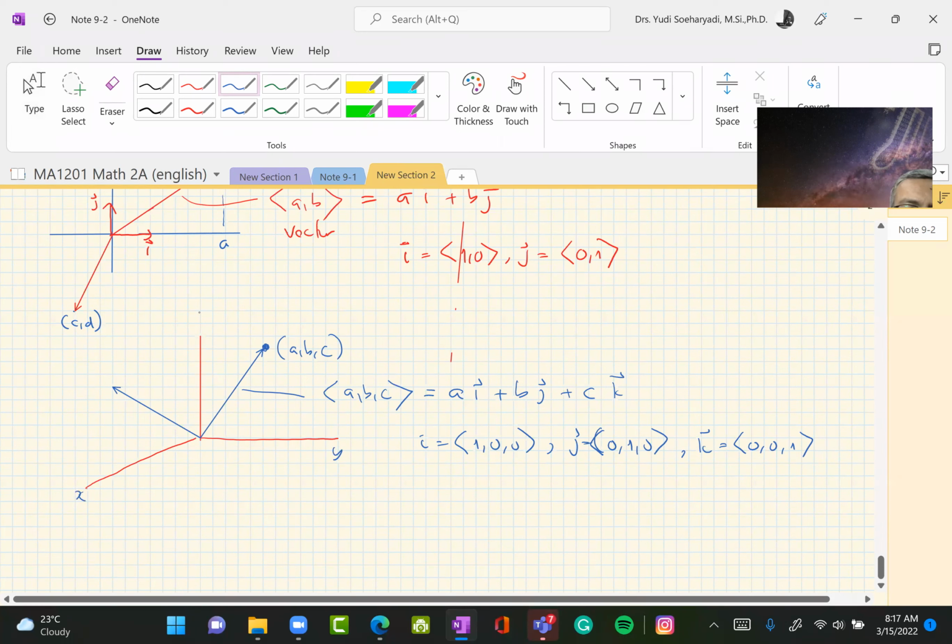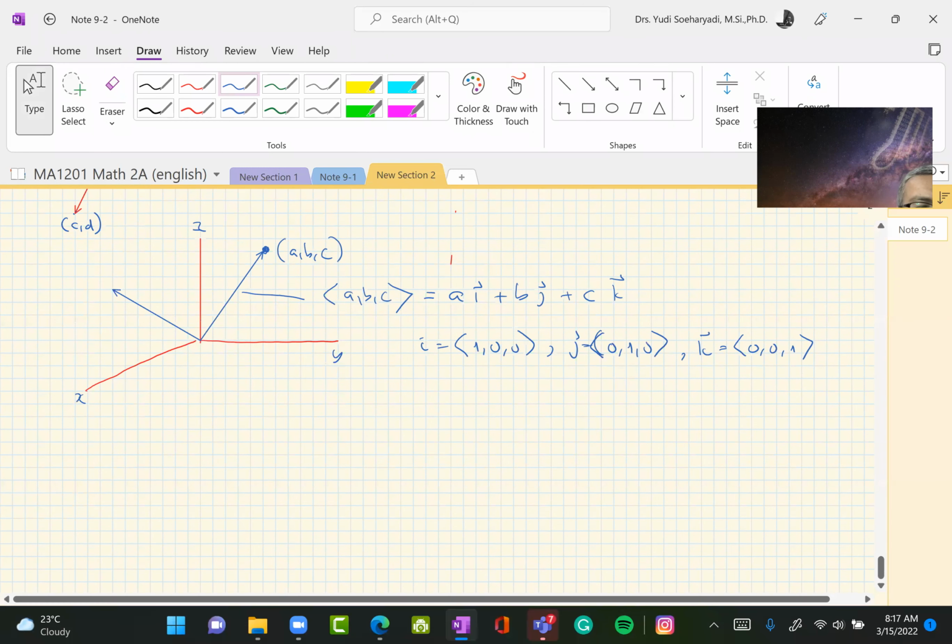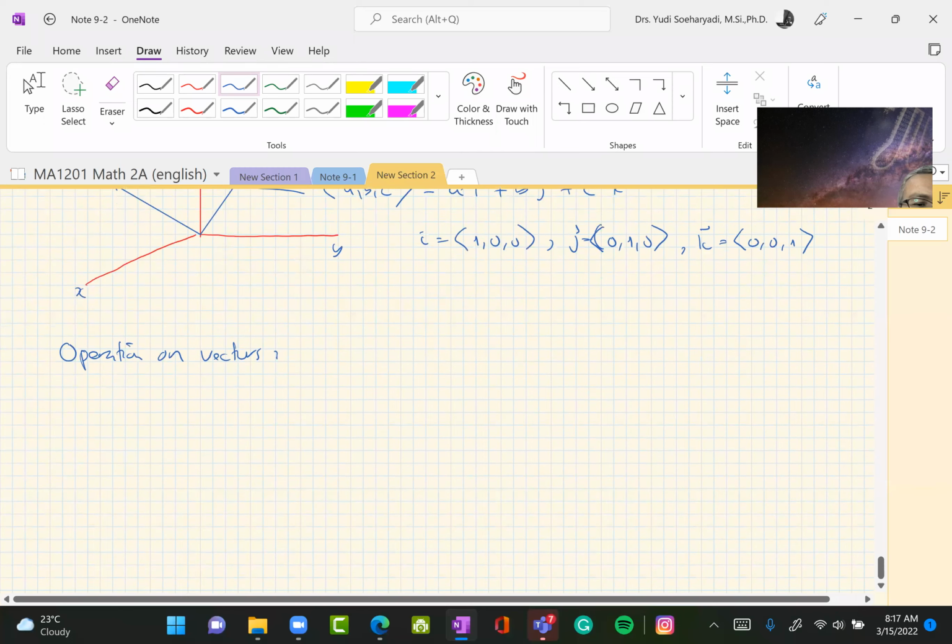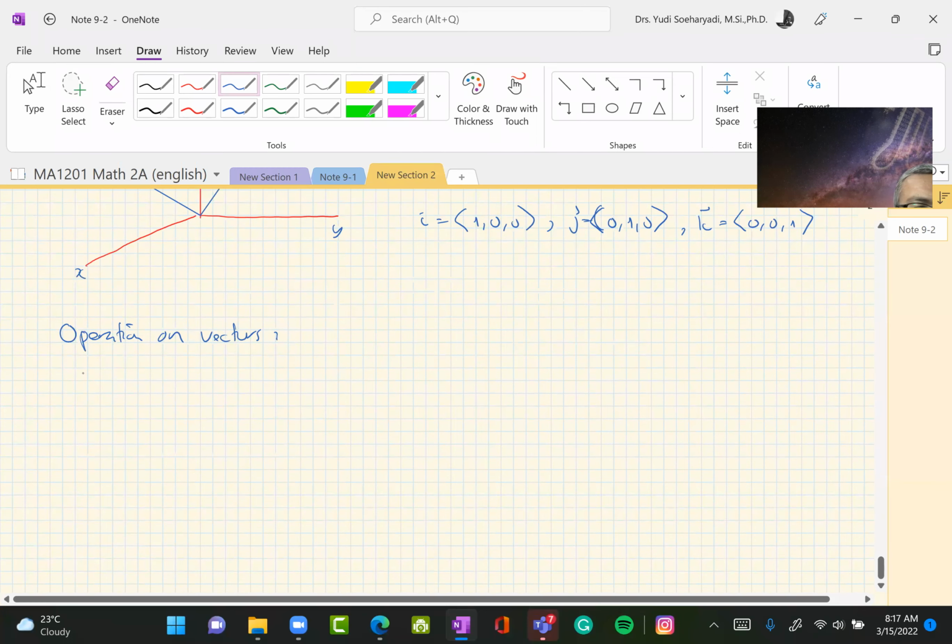X, Y, Z. So we can do operations, operations on vectors. For example, you can do arithmetic operations.